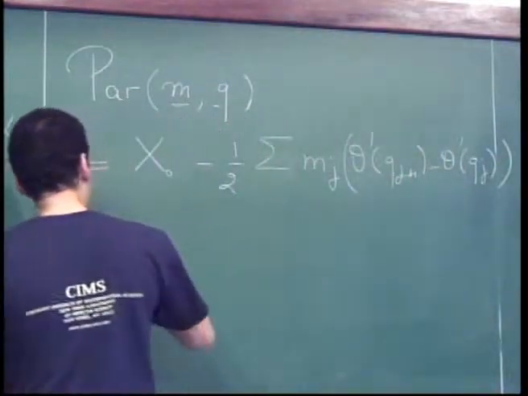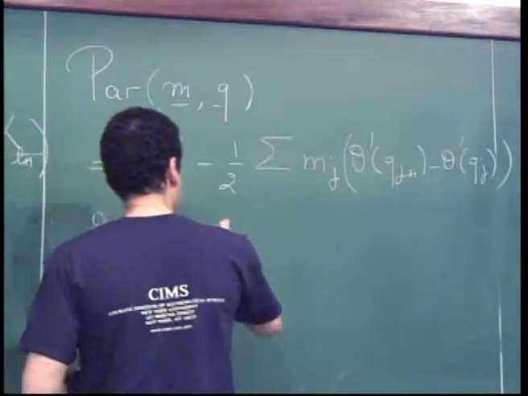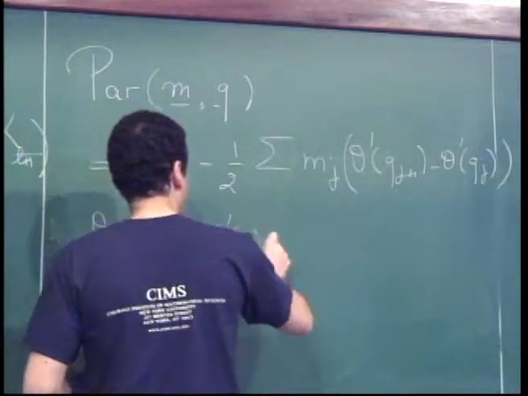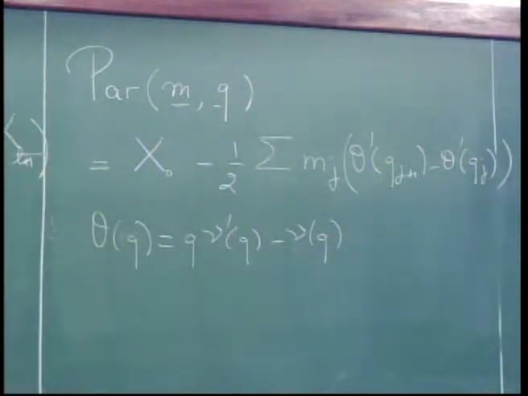It's just theta of q equals q nu prime of q minus nu of q. So theta is defined from the model, nu, and then you have this thing.